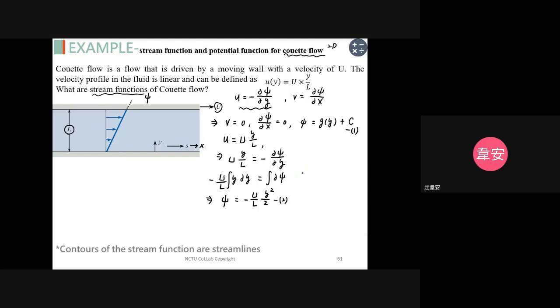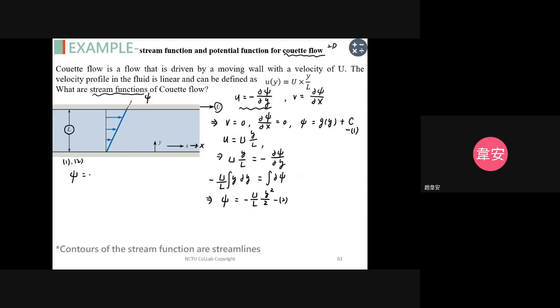If you compare equation 1 and equation 2, you will know that the stream function is only a function of y. Equation 1 tells us the stream function should be related to the y function only, maybe with an additional constant. So based on 1 and 2, we can conclude that the stream function is only a function of y.